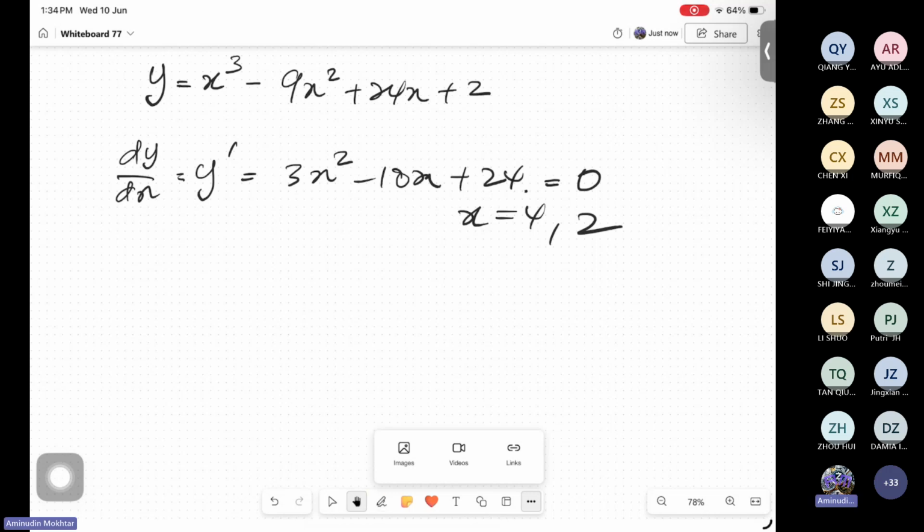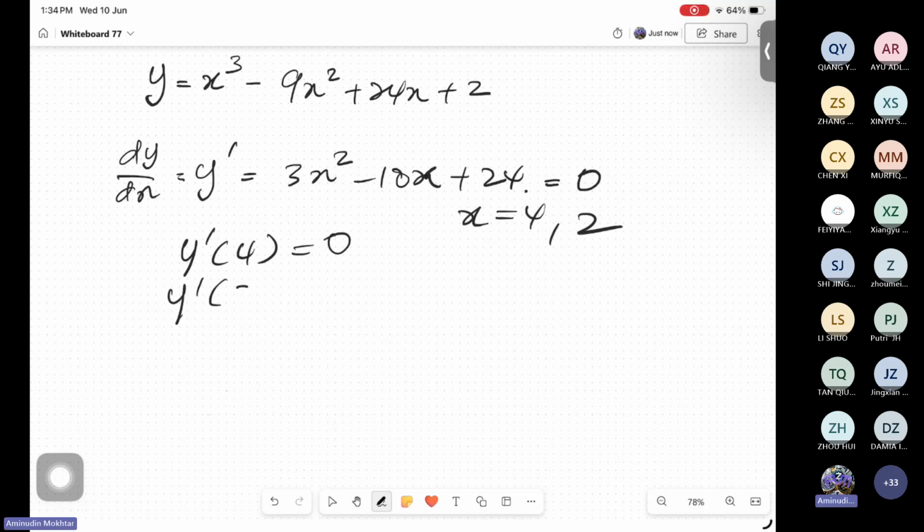At these points, we can conclude that the slope is 0. y prime of 4 is 0, and y prime of 2 is also equal to 0.